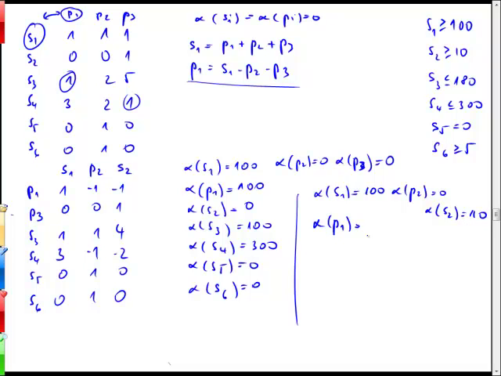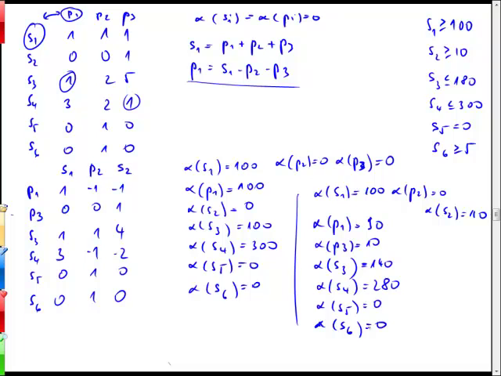P1 is 90, P3 is 10. The row for S3 gives us 140. For S4, we have 280. For S5, 0, and for S6 also 0. Okay, are we done?